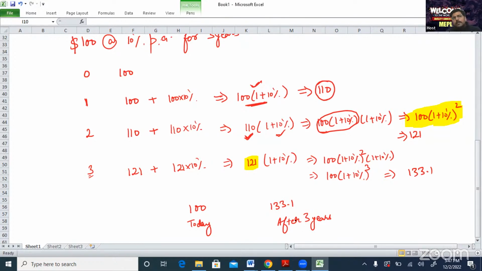So now if I ask you which option is better, which option you would prefer if in the market the rate of interest is 10%?